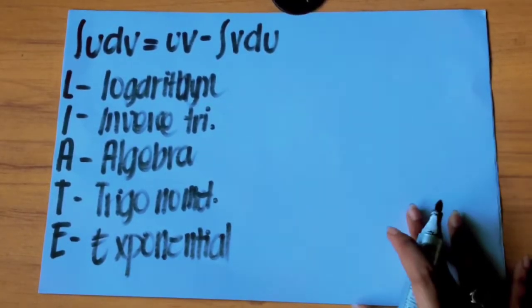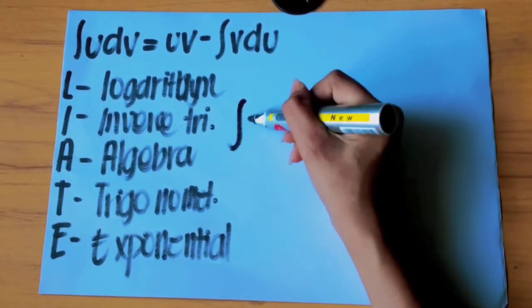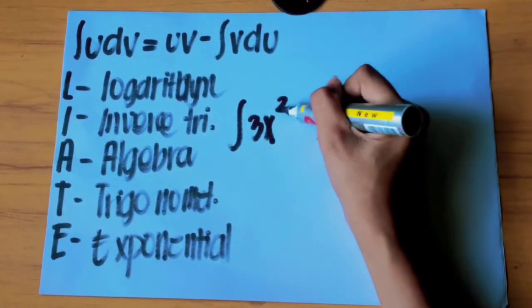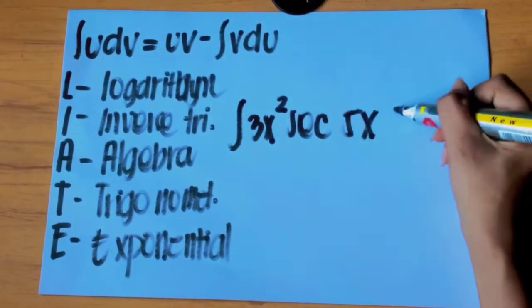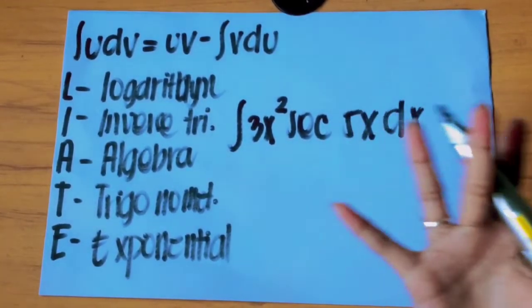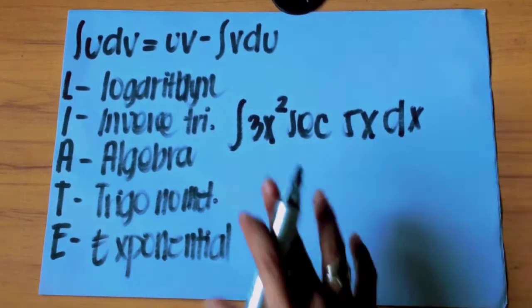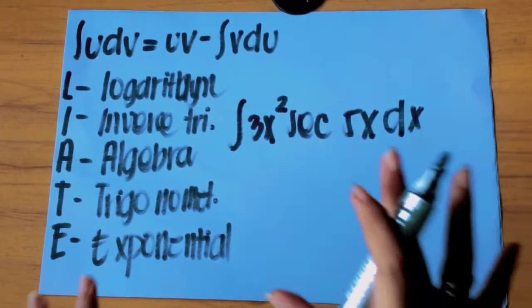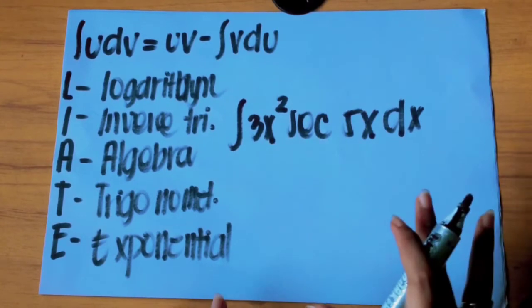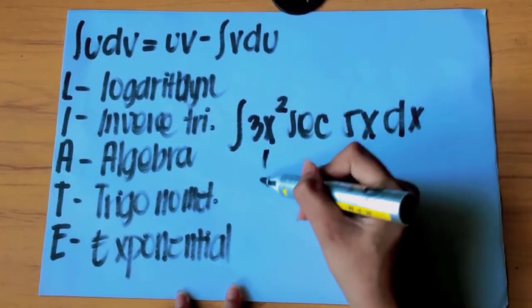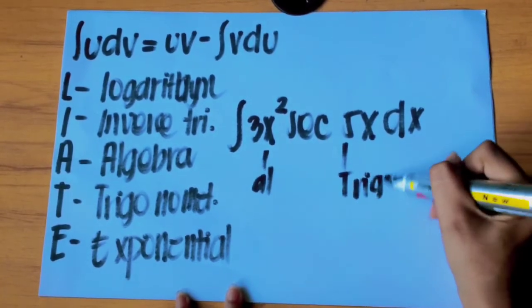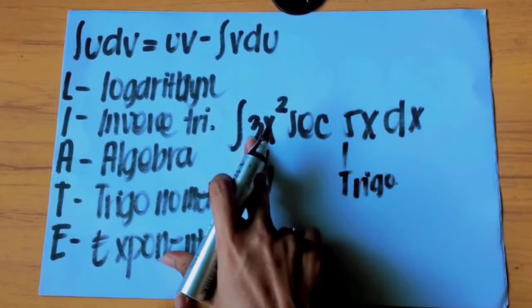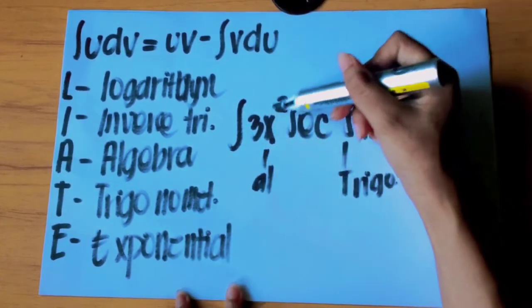Supposed to be we have an example of 3x squared secant x 5x dx. So, ano yung magiging u? Ang magiging u dyan is yung algebra, kasi we have an algebra and the trigo.